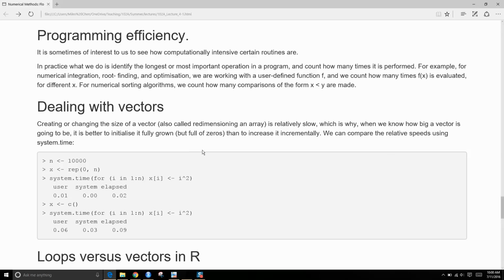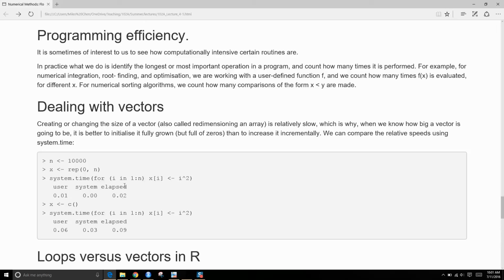When we're dealing with vectors, it's computationally more expensive to resize or redimension a vector than it is to create the vector and then just change values inside the vector.